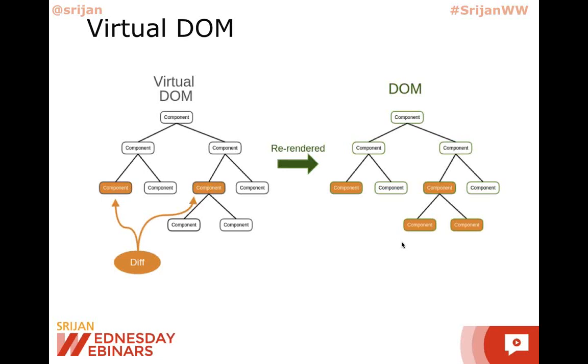This more clearly shows how the virtual DOM works. Suppose the change is at these two components which you see on the left. It will calculate which parts of the DOM are going to be impacted, do that math, and re-render only that part of the actual DOM, calculating the minimal differences.